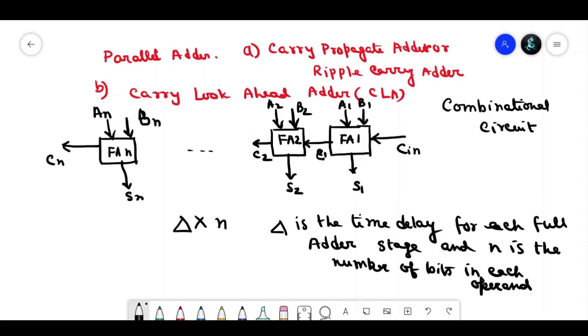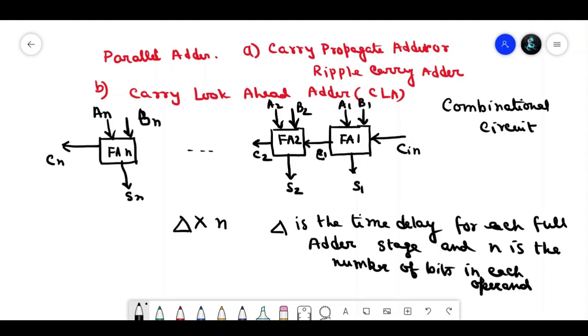So it is faster than the serial adder. In one clock period, all the bits of the two numbers will be added. No need to use many clock cycles.